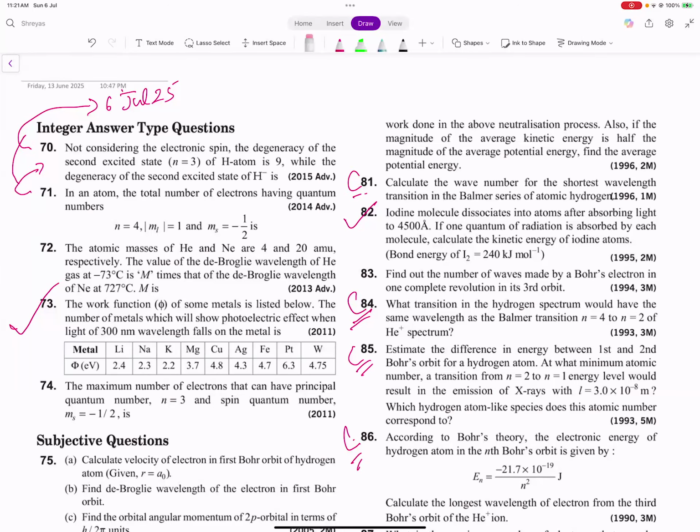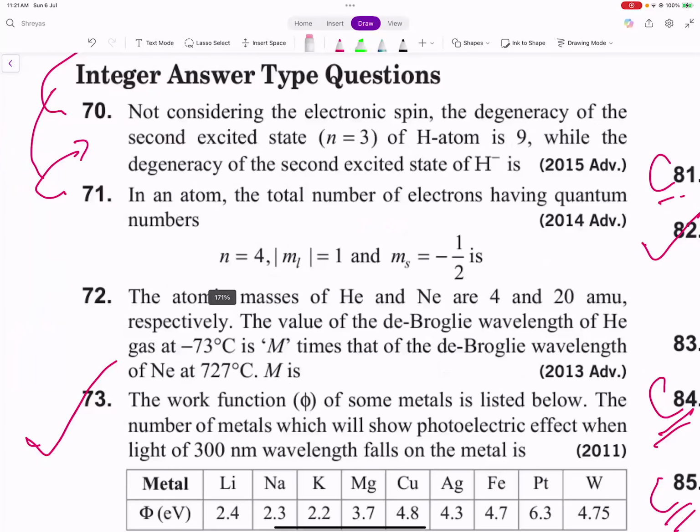I already told you twice. Degenerate orbitals means how many orbitals are equal in energy. Remember now.